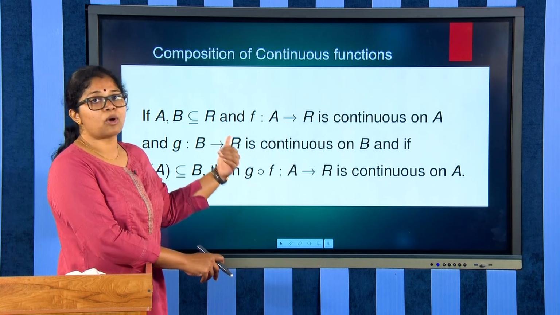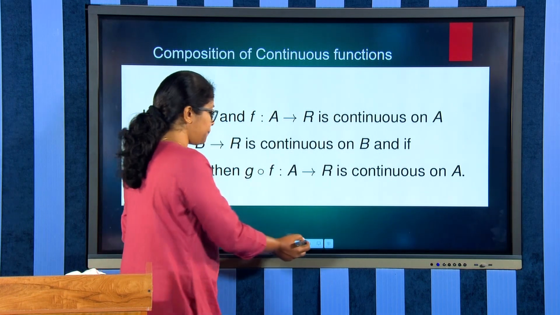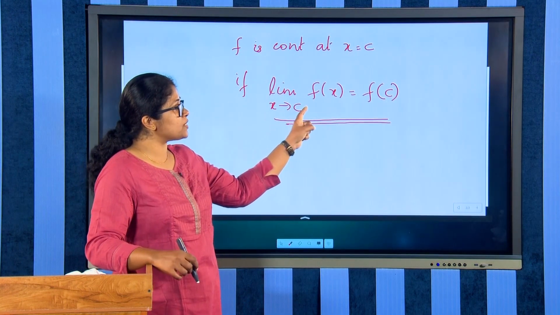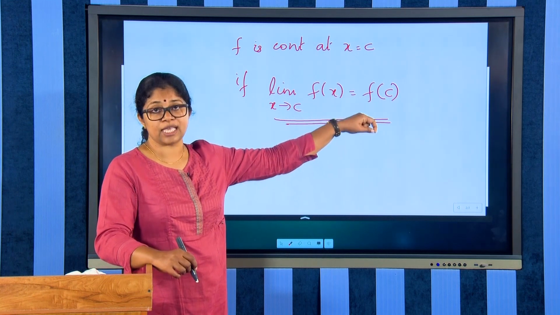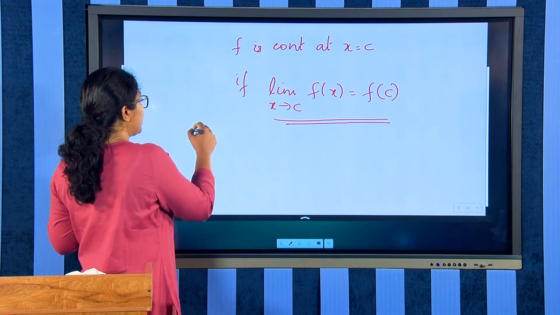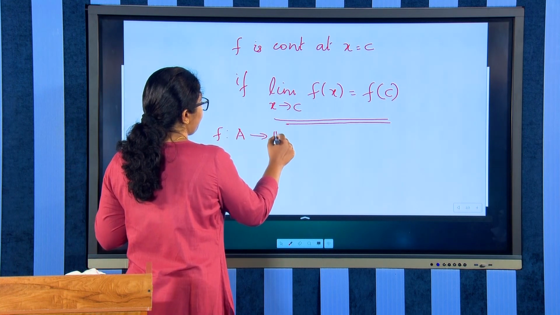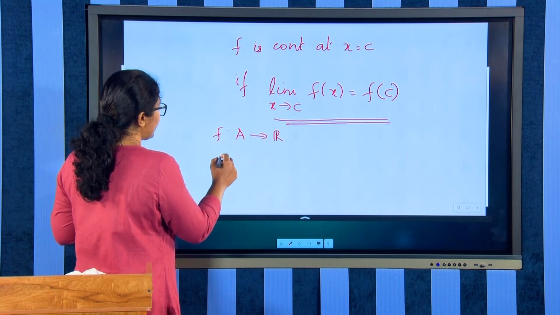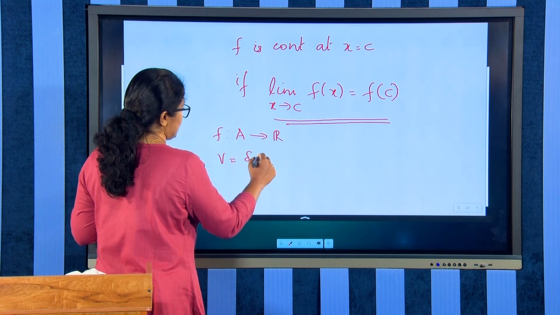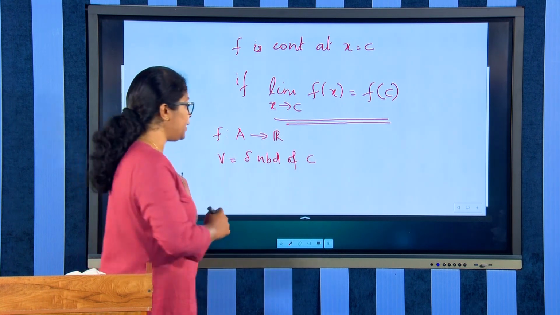Before learning the composition of continuous functions, let us have a bit more insight into what continuity is. We have discussed that limit x approaching c of f of x equal to f of c is the condition for continuity. Suppose we draw a picture like this: f is a function from A to R, and let V be the delta neighborhood of the point c.